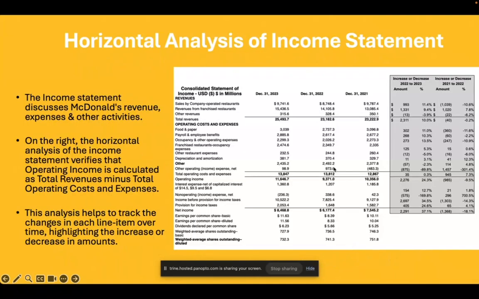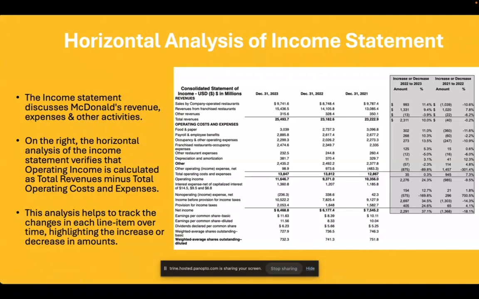The horizontal analysis of the income statement shows us how McDonald's revenue, expenses, and other activities were. For instance, here I have verified whether the operating income is calculated as total revenue minus total operating costs and expenses.